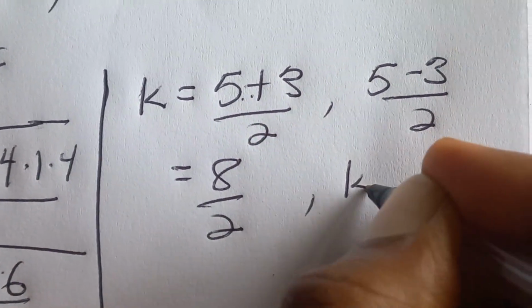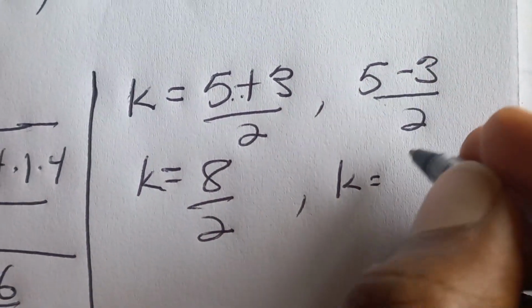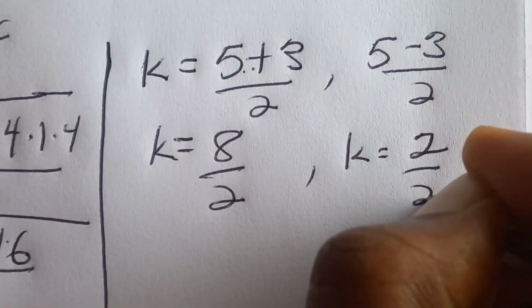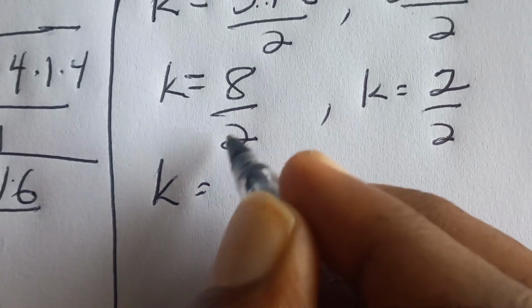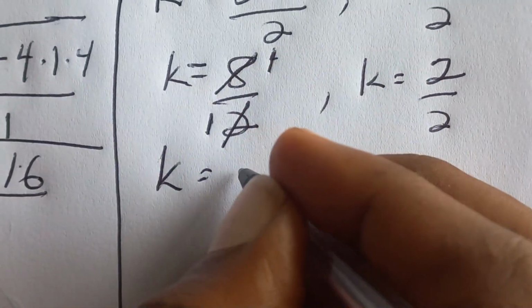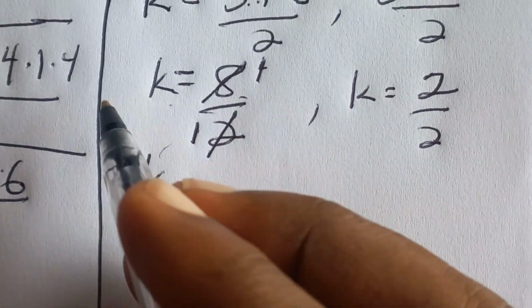And then 5 minus 3 is 2, so 2 over 2. I was using k here, but we are using y rather. So let's make it y.